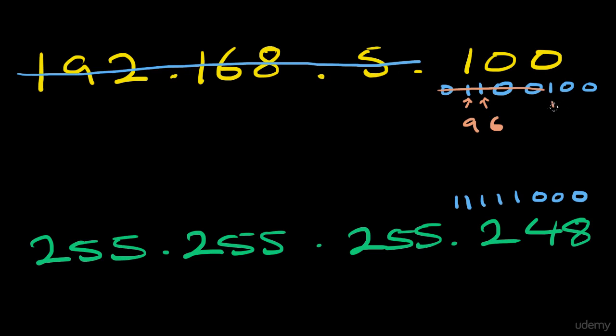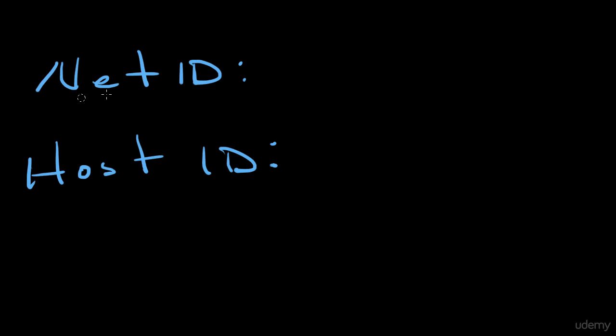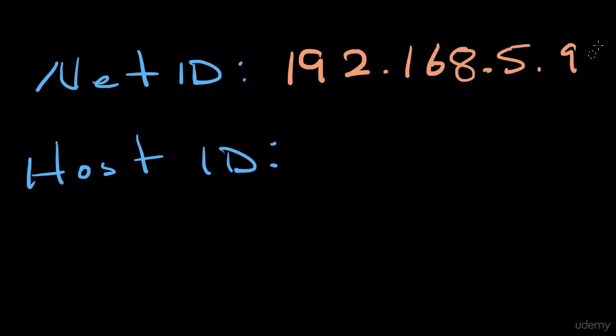The value of this column here is 4. 96 plus 4 is 100. Therefore, the network ID is 192.168.5.96, and the host ID is .4.